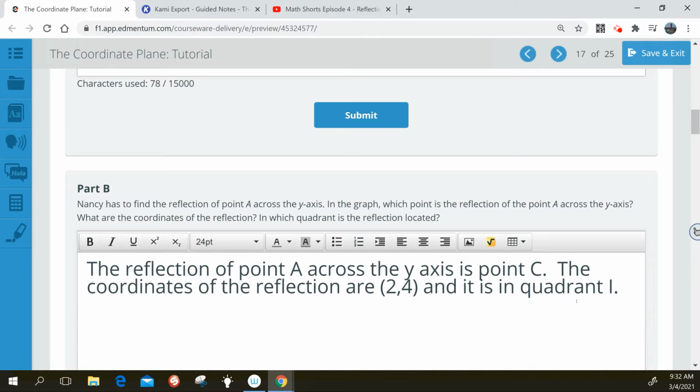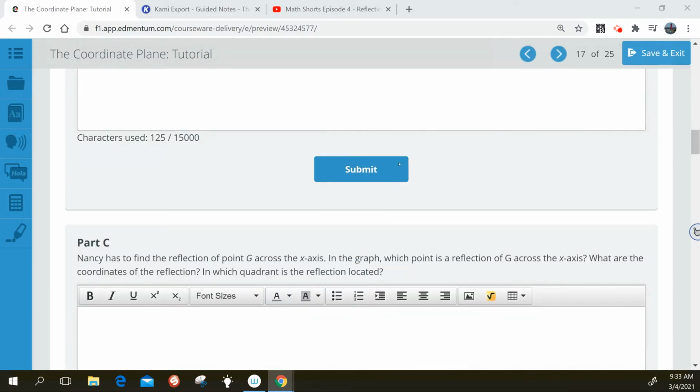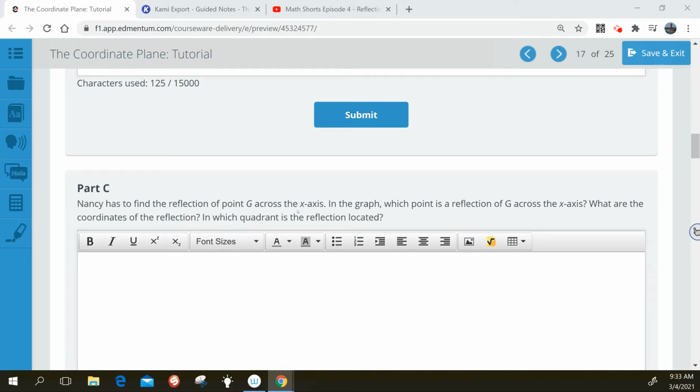Did I answer everything? So part C says, Nancy has to find the reflection of point G across the x-axis. In the graph, which point is a reflection of G across the x-axis? What are the coordinates of the reflection, and in which quadrant is the reflection located?